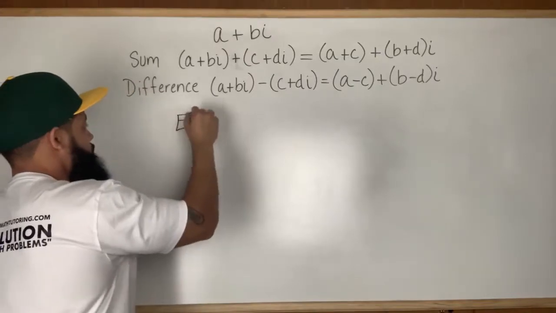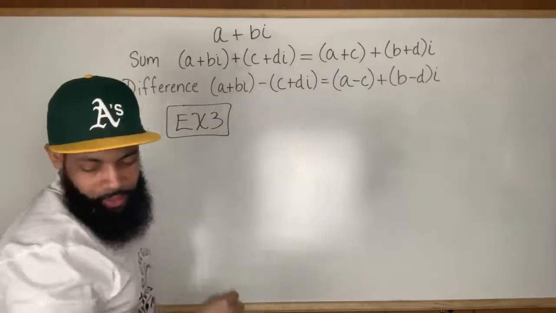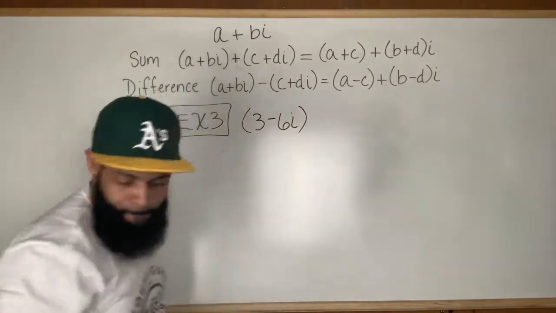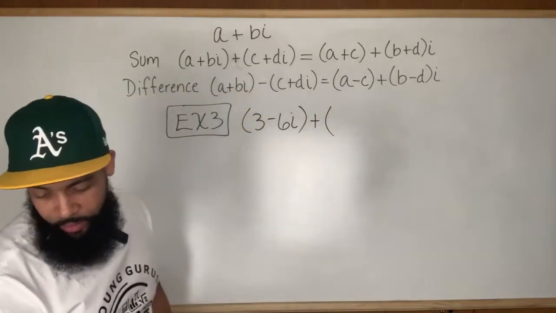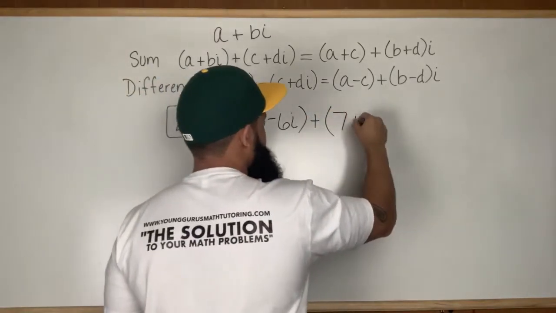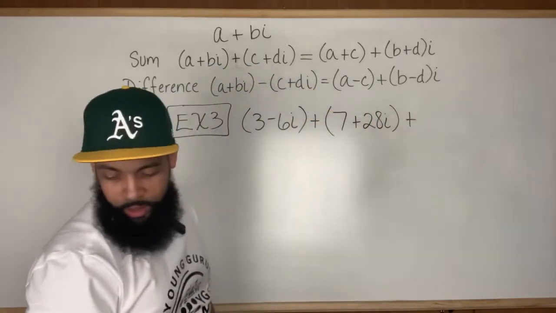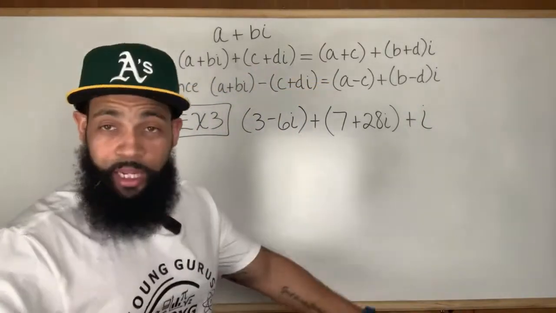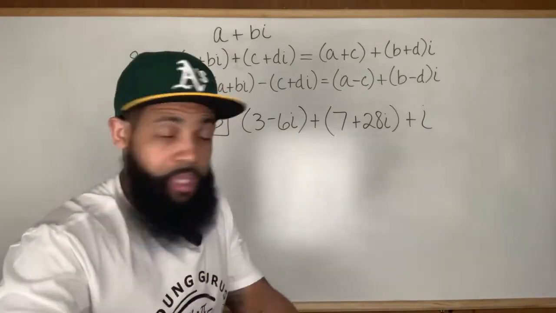Example 3. I have 3 minus 6i plus 7 plus 28i plus i. All right. 3 terms, same concept. I'm going to add the real parts, and then I'm going to add the imaginary parts.